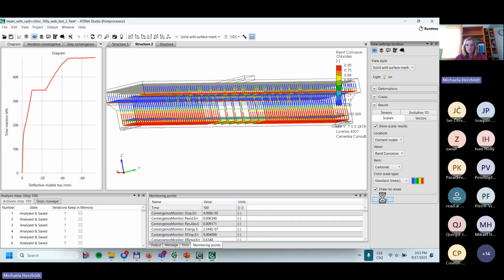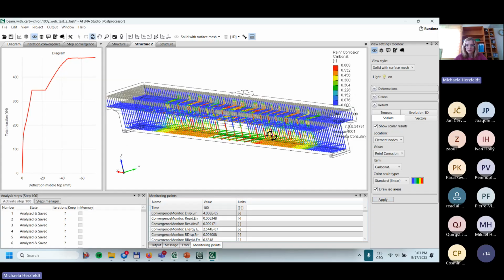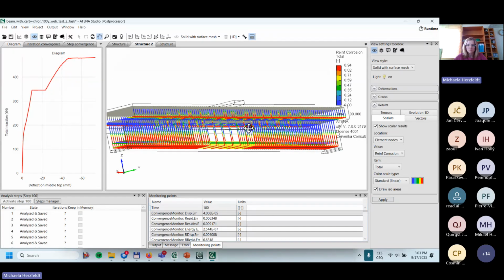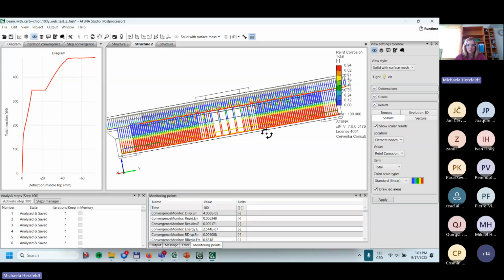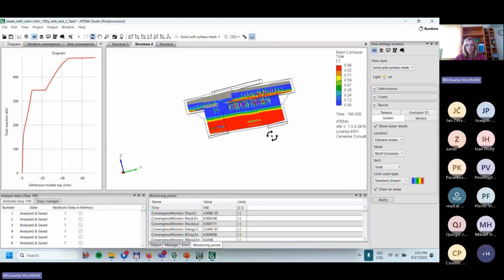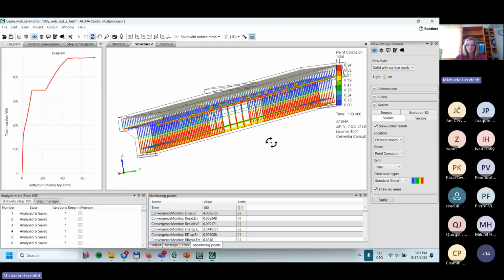For carbonation, it's very nicely visible exactly where it's corroding. And you can also see the total result, how it is corroded. Have a look inside: it's mostly stirrups that have a problem because they are of course closest to the surface.